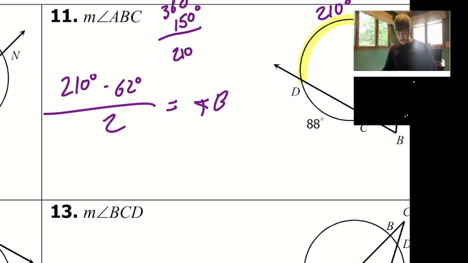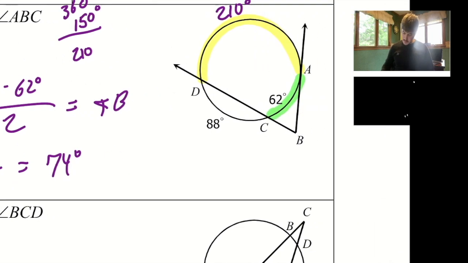So 210 minus 62 is 148. Still need to divide that by 2. We get 74 degrees for the measure of angle B.